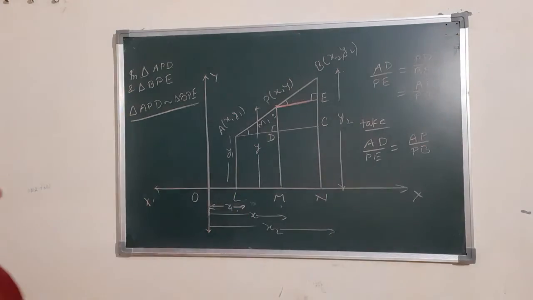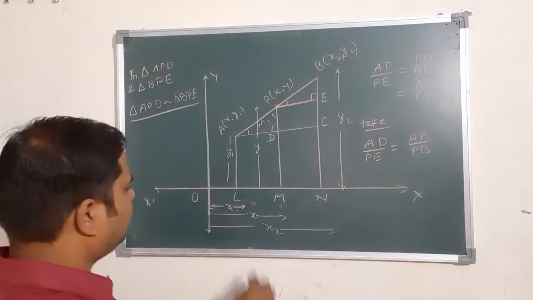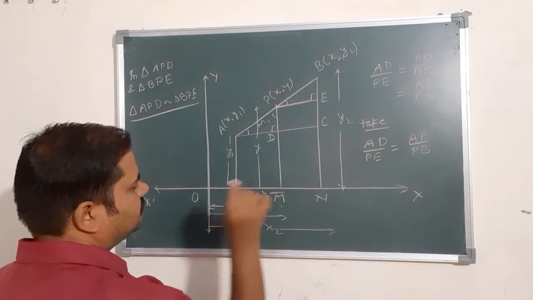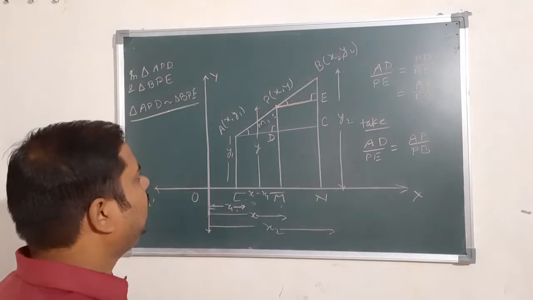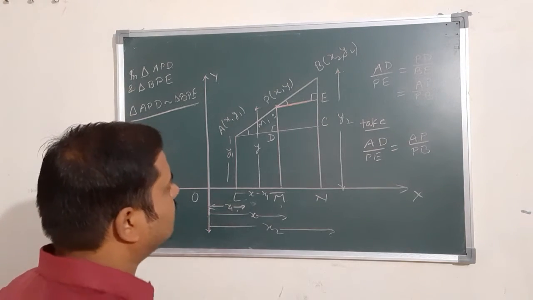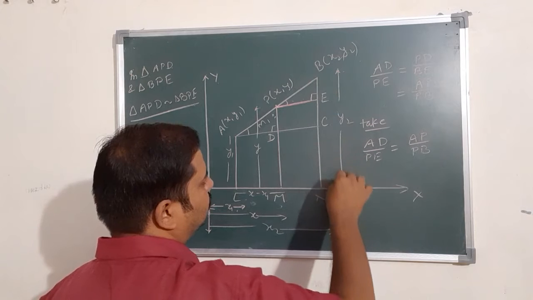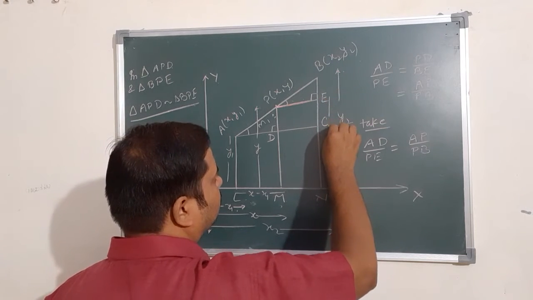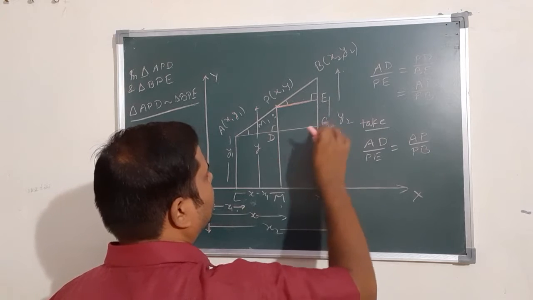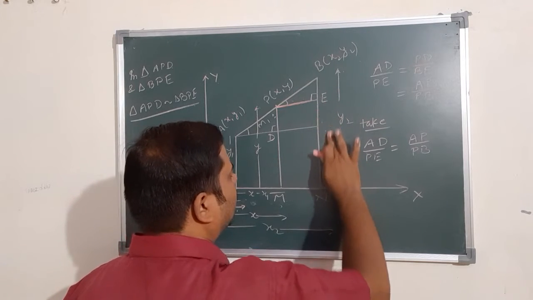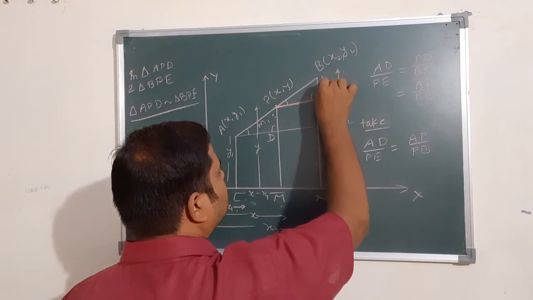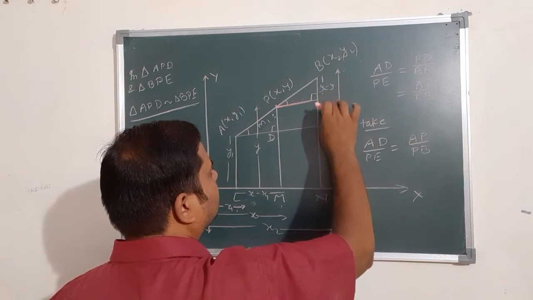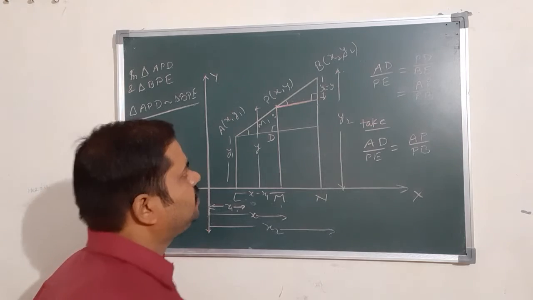One by one we can take these relations. First we take AD upon PE, this is equal to AP upon PB. Now AD is what? AD is x minus x1. And what is PE? PE is nothing but this whole is y2 and this whole is y, so this is y2 minus y.